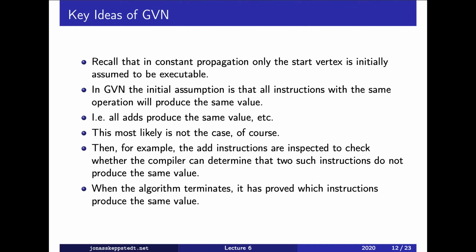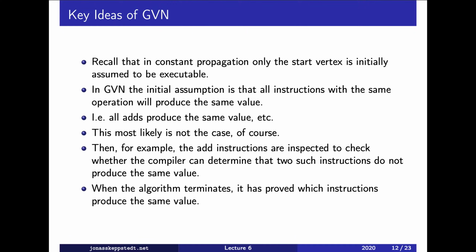Okay, so what's the key idea of global value numbering? We can compare it in some sense with constant propagation, in that constant propagation assumes that only the start vertex will be executed. That's obviously unrealistic, but then it gains more knowledge.